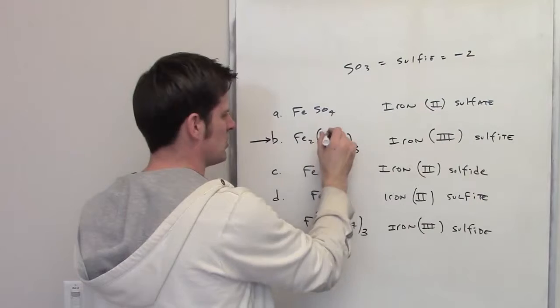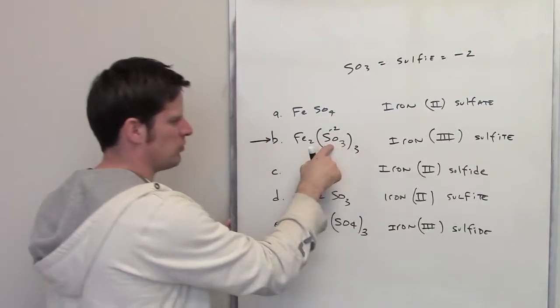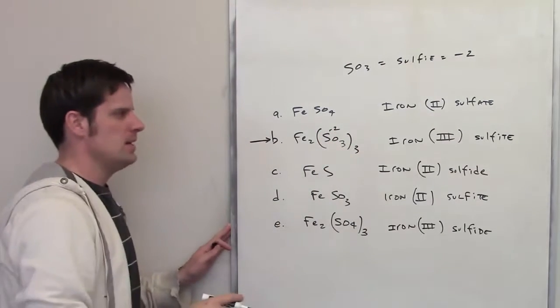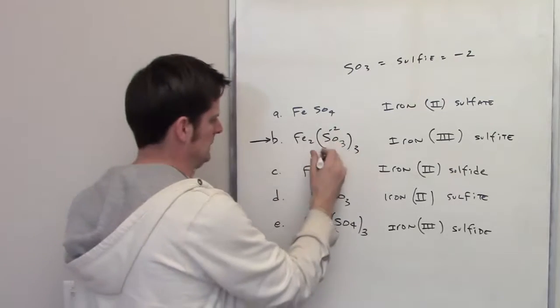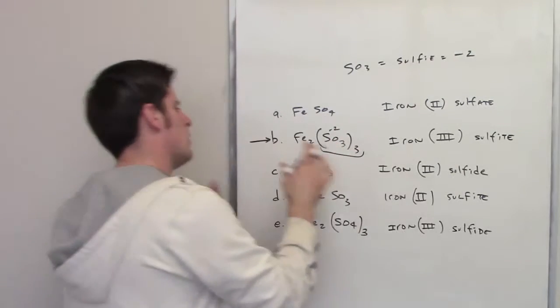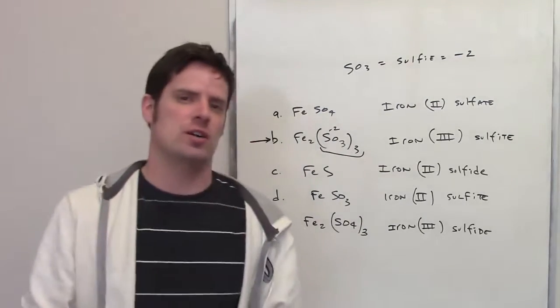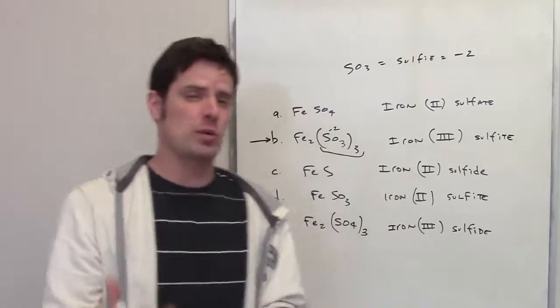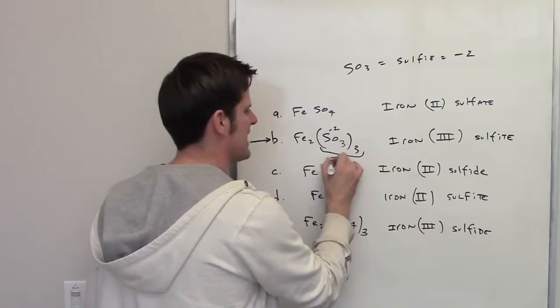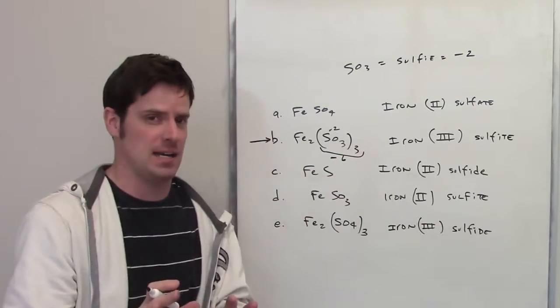So I've got a negative 2 charge on this sulfite, and there are 3 of them. What does that make iron's charge? Well, I've got 3 individual sulfites, each of which has a negative 2 charge. So the total negative charge is negative 6 combined.